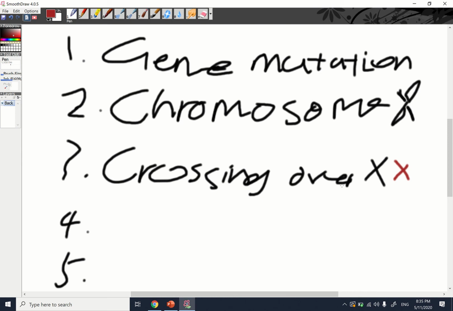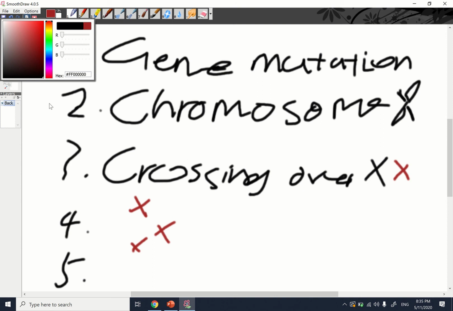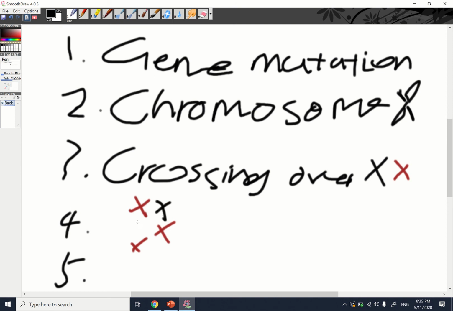The fourth one is independent assortment. This is when pairs of homologous chromosomes are randomly assorted before they are pulled apart. So let me do this in another color. This is a possible combination, but this could be totally random. So you could have black on the right, black on the left, and black on the right for this one.